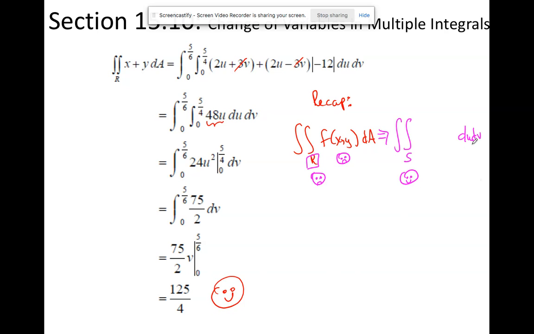I'm going to transform dx dy or dy dx into du dv or dv du. My integrand is now going to be in terms of u and v, with x in terms of u and v, and y in terms of u and v.